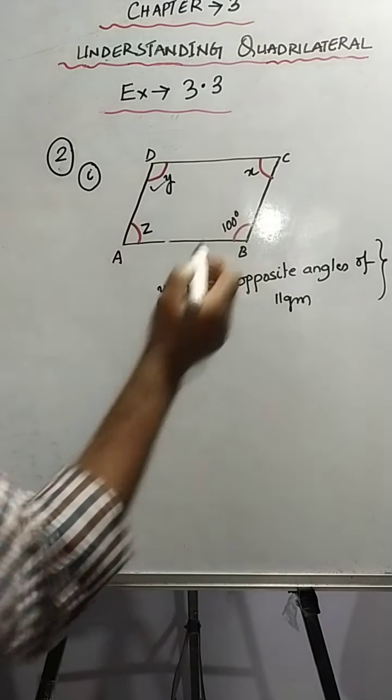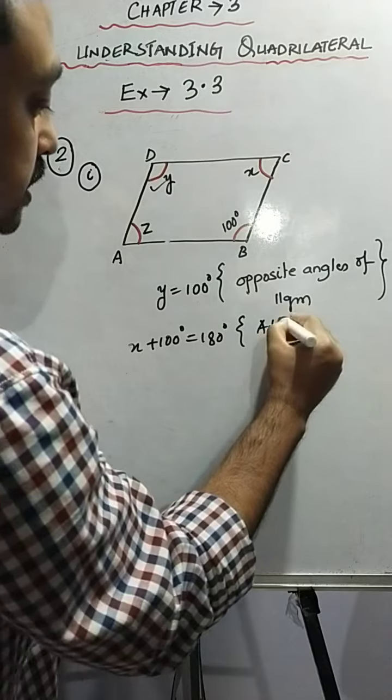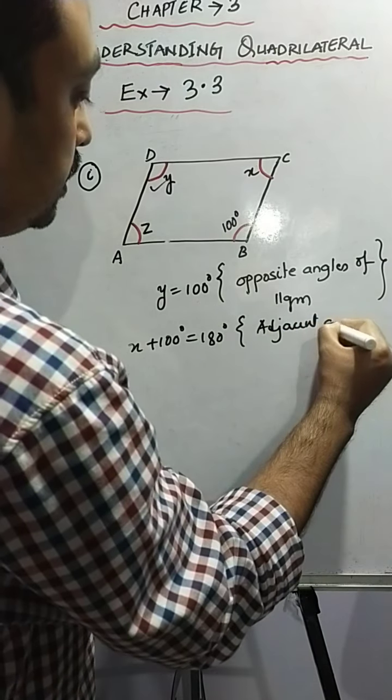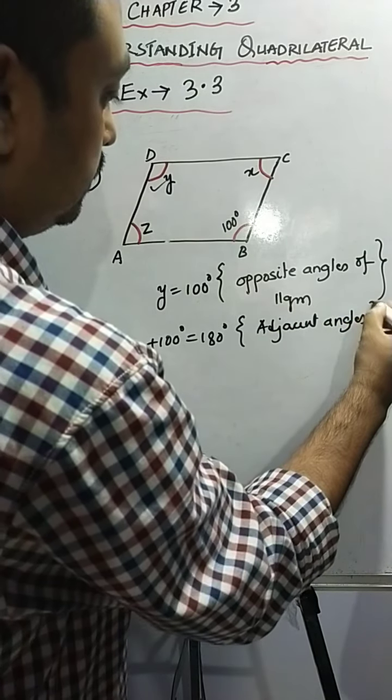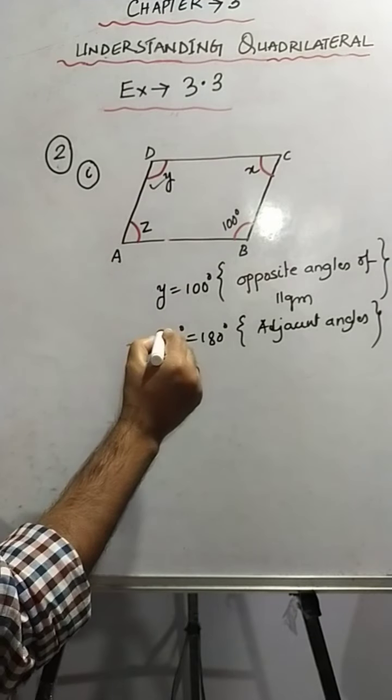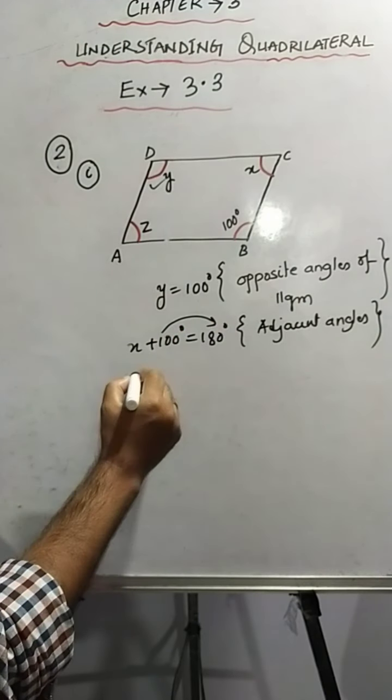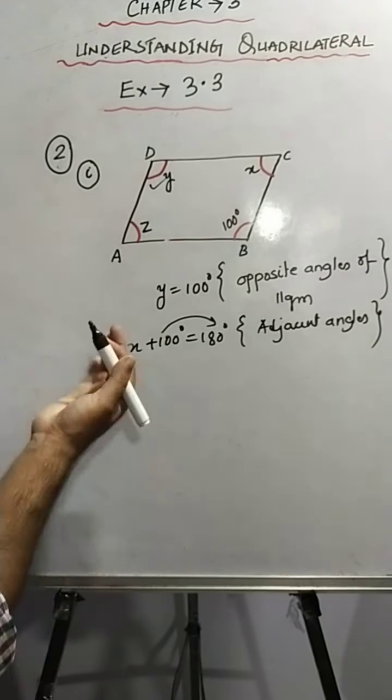So we can say that 100 plus x is equal to 180 degrees, because they are adjacent angles. Now we'll transpose this value towards the right hand side, to get the value of x. So 180 degrees minus 100 degrees gives x as 80 degrees.